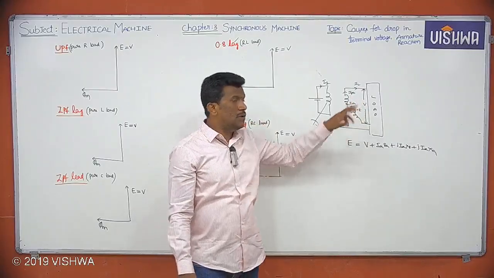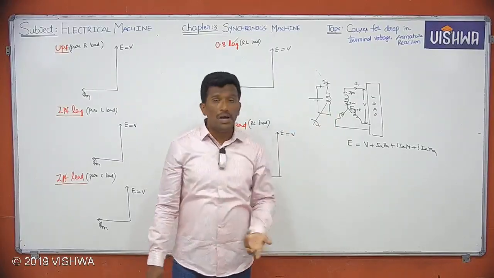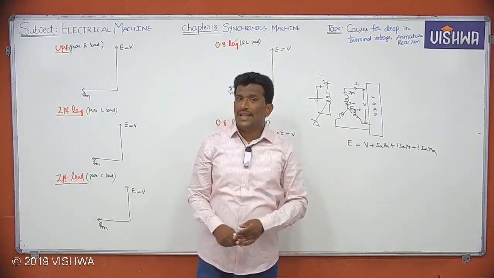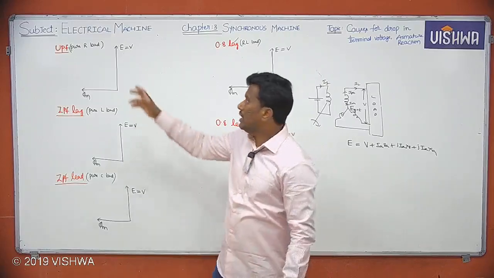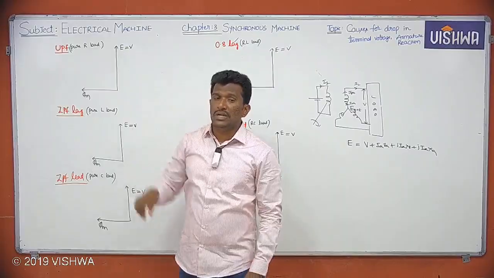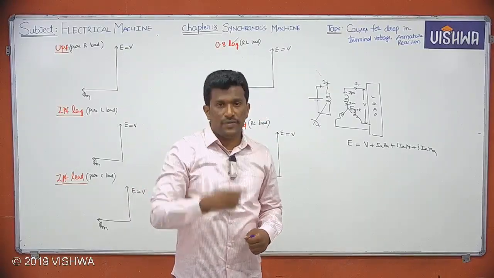So from now onwards we can take simply IL or IA. Load voltage means V. So what is the angle between load current IA and load voltage V here? Cos phi equals 1, so phi is 0. That means load current IA and load voltage V will be in phase with each other.